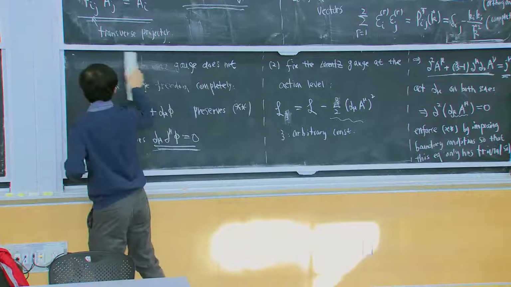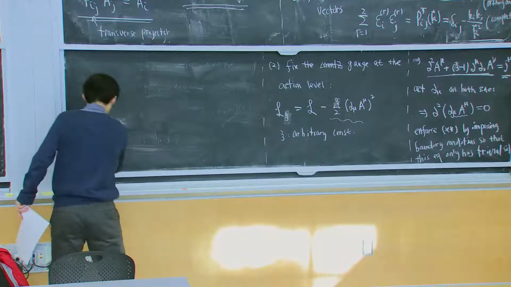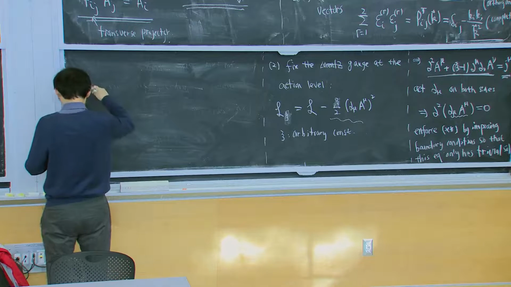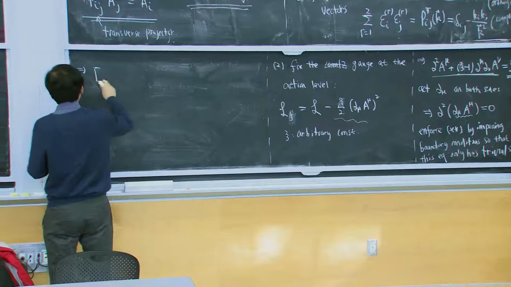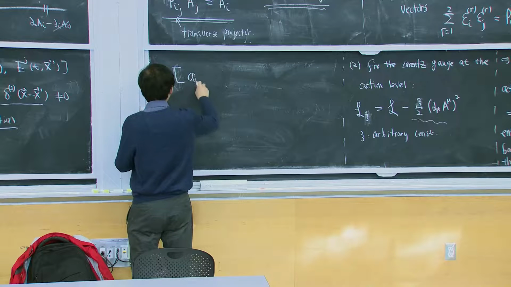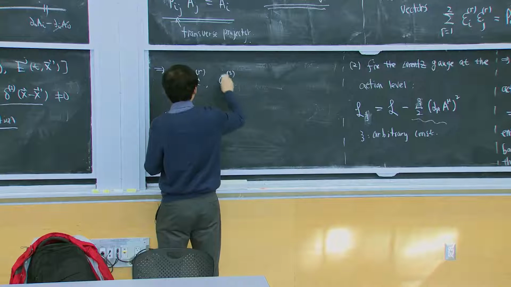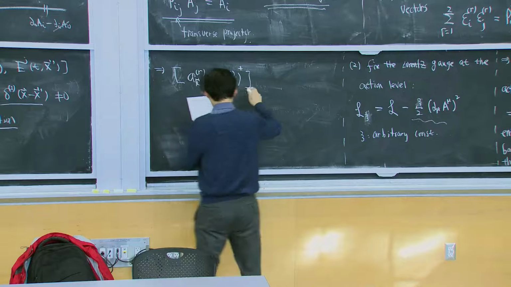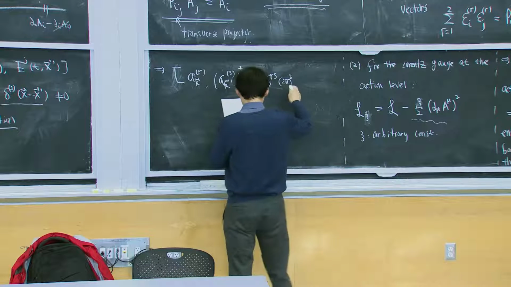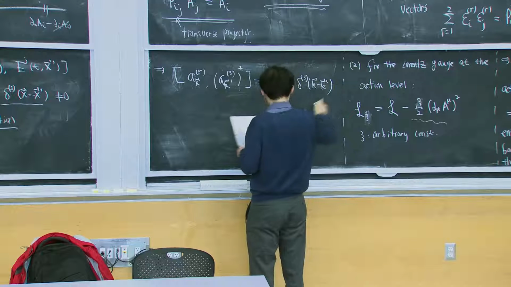As you would expect, they satisfy the standard relation: the commutator of a_k^r and a_k'^s dagger is equal to delta^{rs}.